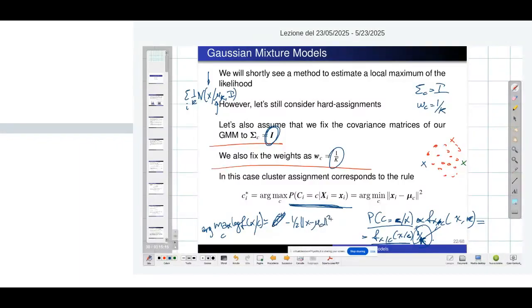The sigma has disappeared because it's the identity. Minimizing minus the norm is equal to maximizing minus the norm is equal to minimizing the norm. Then I can throw away the 1/2 because that's a constant. Result: the assignment can be obtained by finding the cluster whose mean is closest.